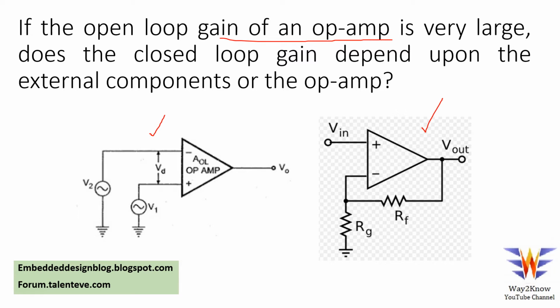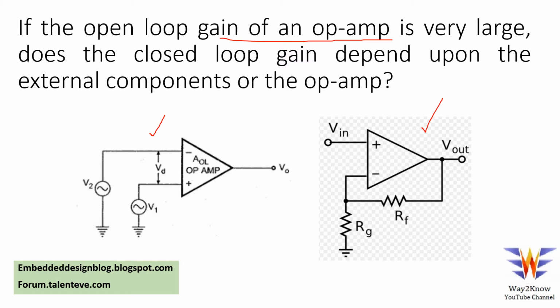So what's the basic difference between these two is, if you take an open loop op amp configuration, the gain of this is almost infinite. So what we mean to say by this is, whenever you apply some voltage at the input, the voltage gain of this particular op amp would be near to infinite.